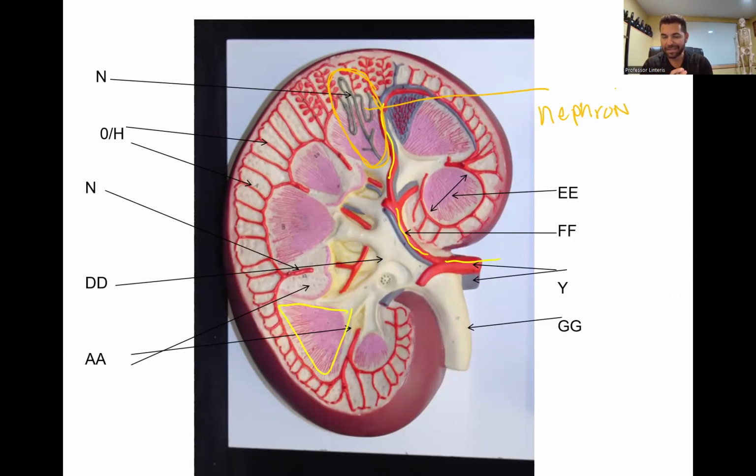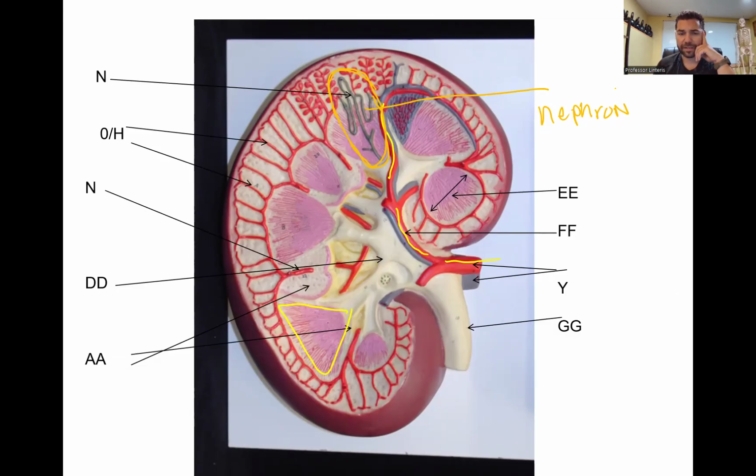The kidney is stacked with a whole bunch of nephrons. That is important. That is the functional unit of the kidney. That is the thing doing the work. And I will draw you a picture of what that looks like.